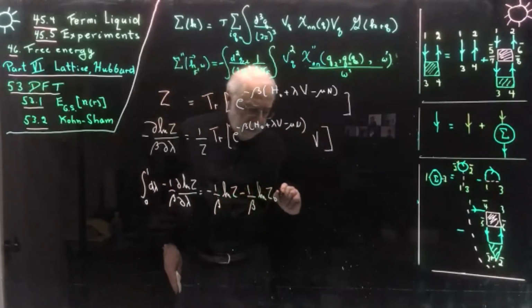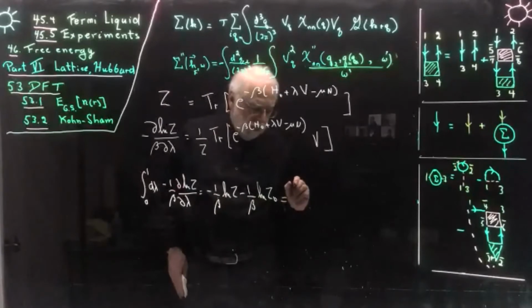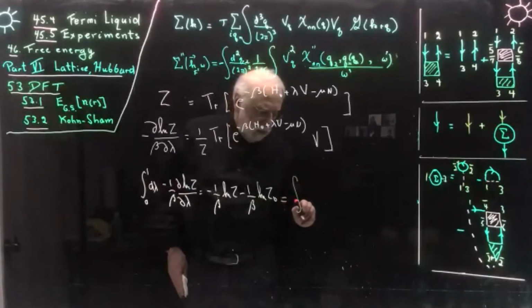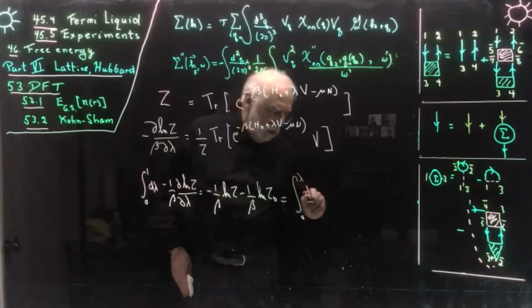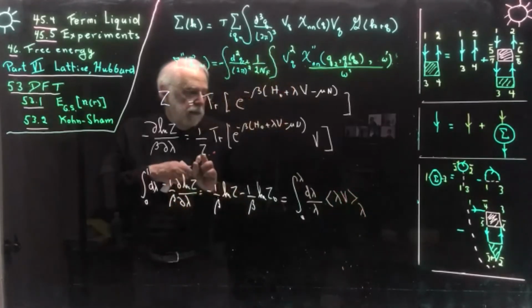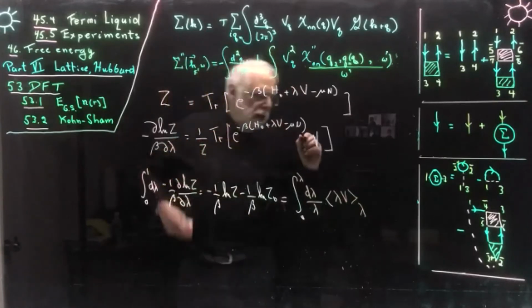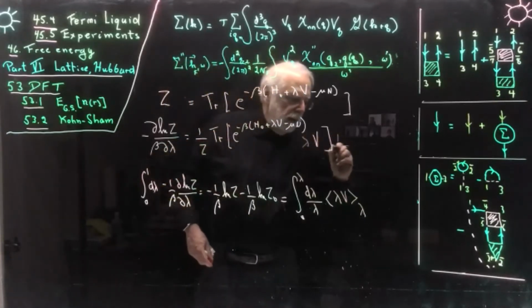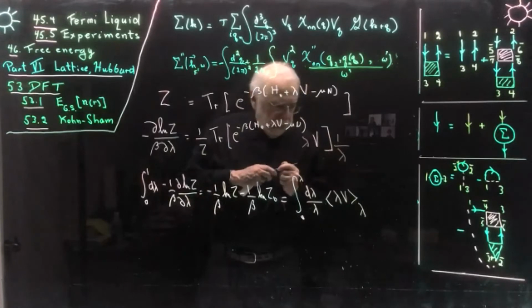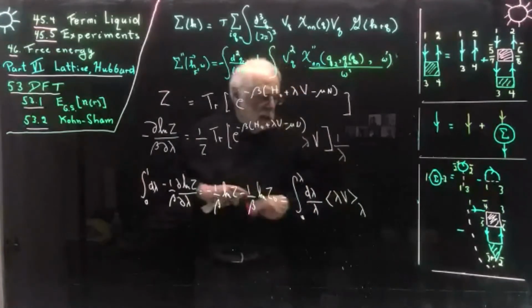And on the right-hand side, what do I have? I have the integral from 0 to 1, d lambda over lambda, times the expectation value of lambda V evaluated in the lambda theory. If I multiply by lambda here and divide by lambda, that's 1 over lambda.